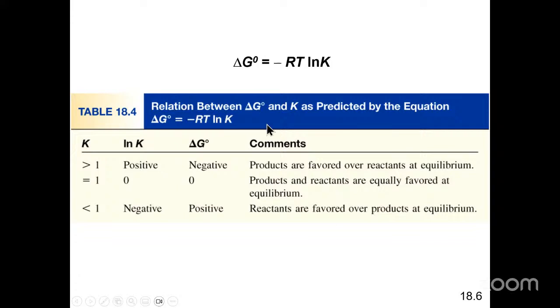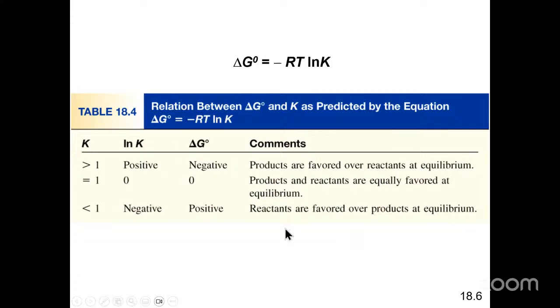And then finally, if K is less than 1, that means that ln K would be negative. And because of this negative sign, delta G standard would be positive, which means that in this particular case, the reaction would be non-spontaneous under standard conditions. Another way of saying it is that the reactants at equilibrium will be favored over the products.